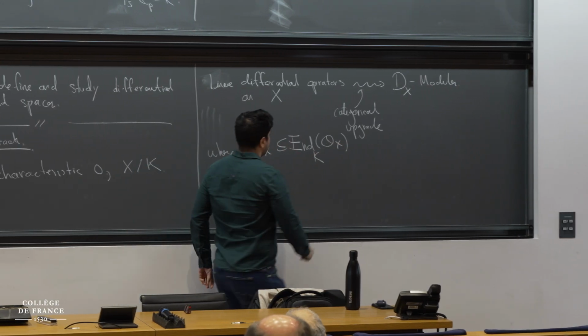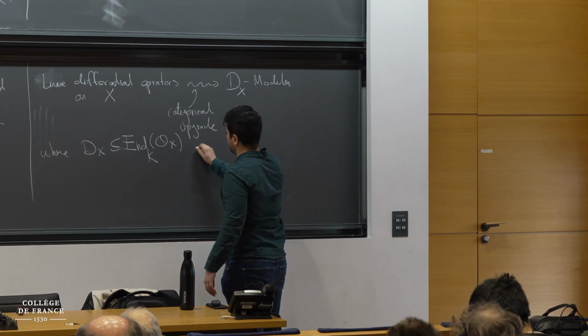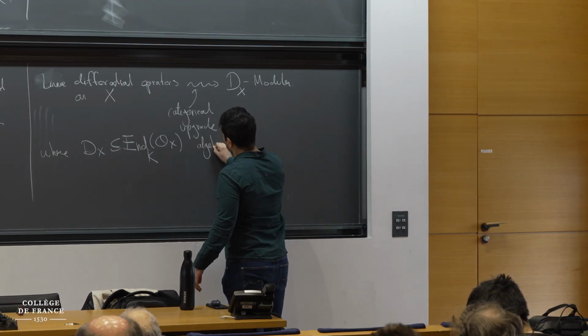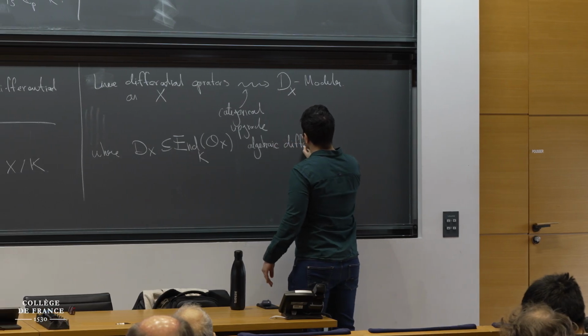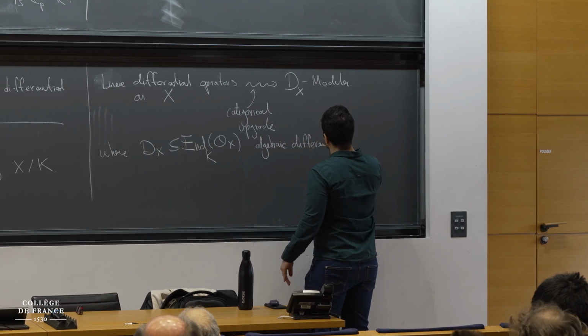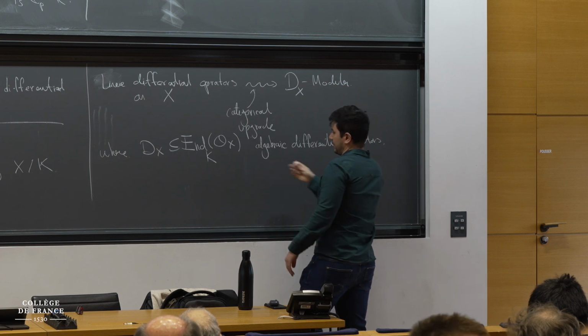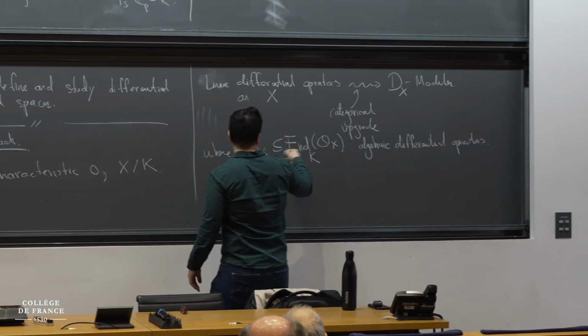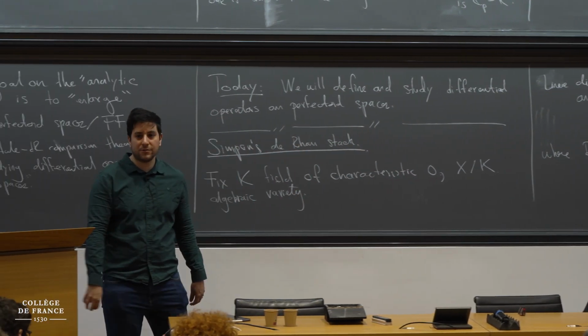And these are certain endomorphisms that we call the algebraic differential operators. So essentially just endomorphisms that are given by multiplying by functions and taking derivations and taking compositions of these operations.